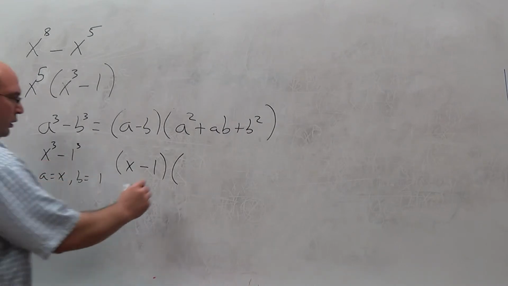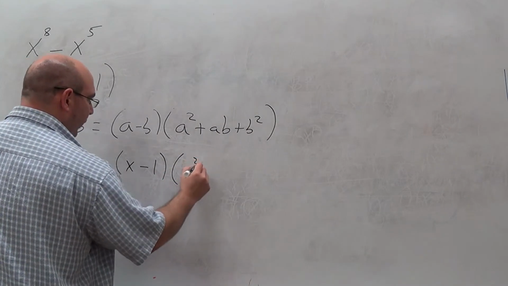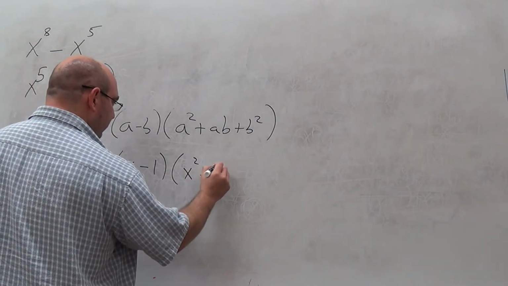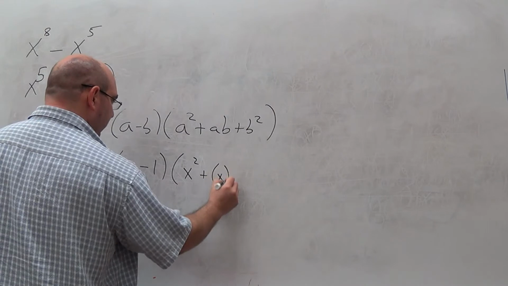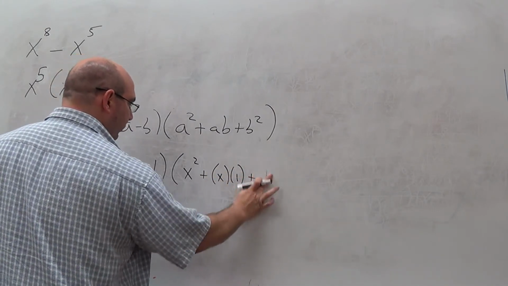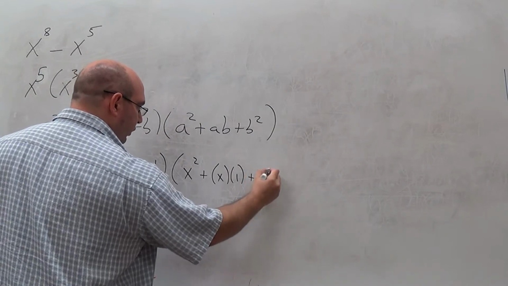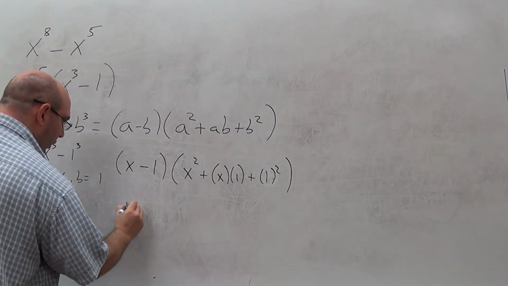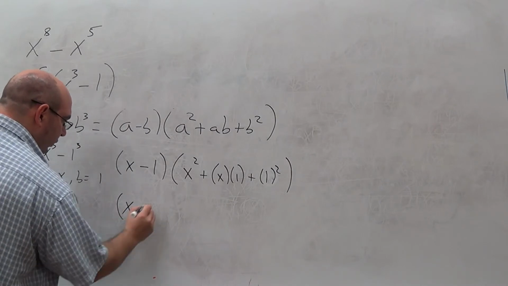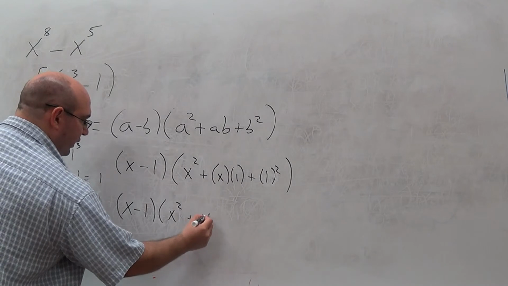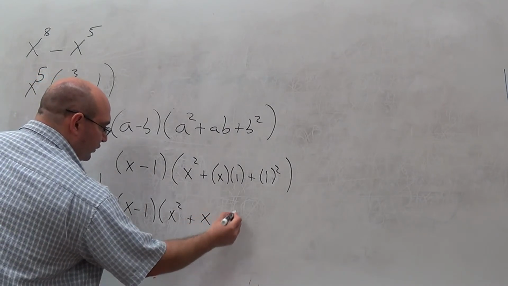My x becomes x squared. This becomes plus x times 1 plus 1 squared. Work this out. x minus 1 times x squared plus x plus 1.